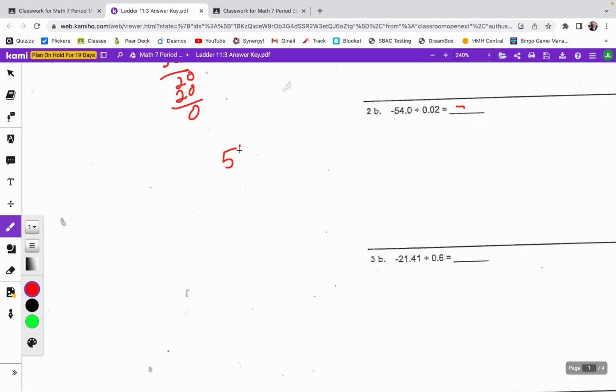So 54 divided by 0.02. I'm going to move that decimal point 2 places. There's a decimal point right here. So really it's 5400 divided by 2, and the answer is going to be negative.